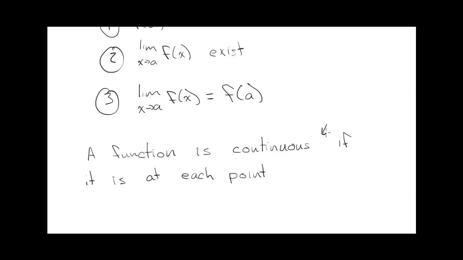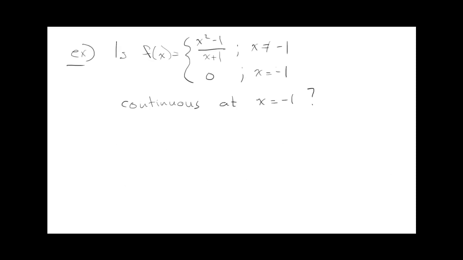A function is continuous on an interval if it is continuous at each point on that interval. So if you want to talk about being continuous over its whole domain, then you make the interval the domain. So we can talk about it being continuous at more than just a specific point by giving it an interval and saying it has to be continuous in that whole interval. And we'll see what that means in a second.